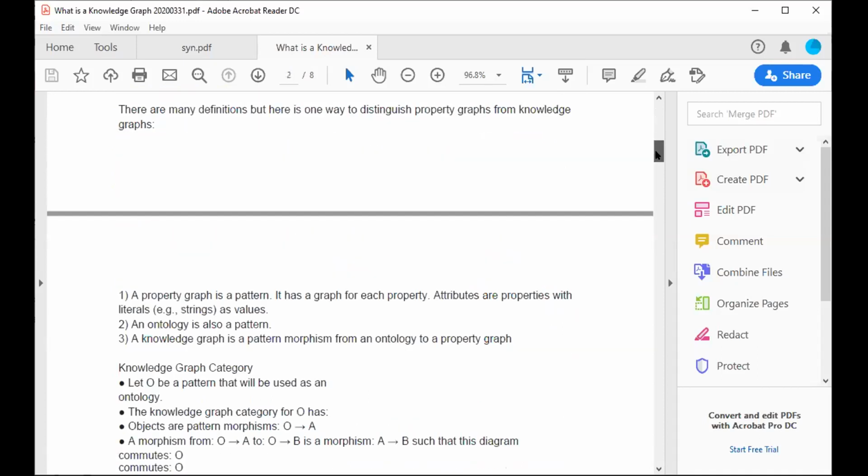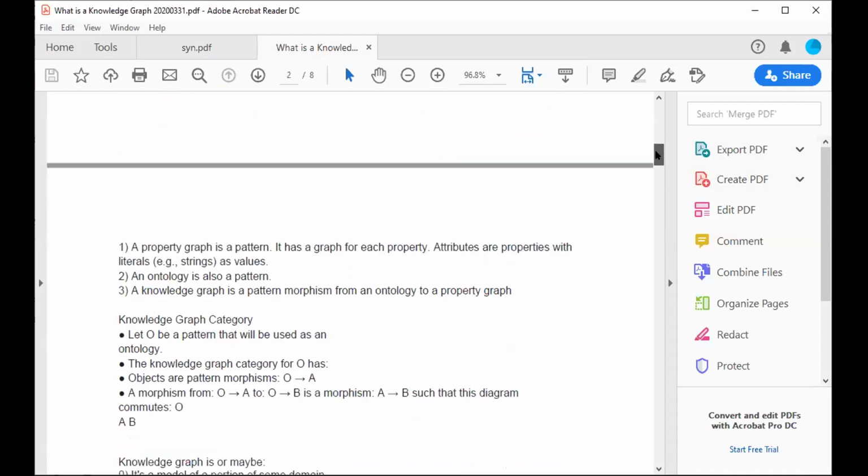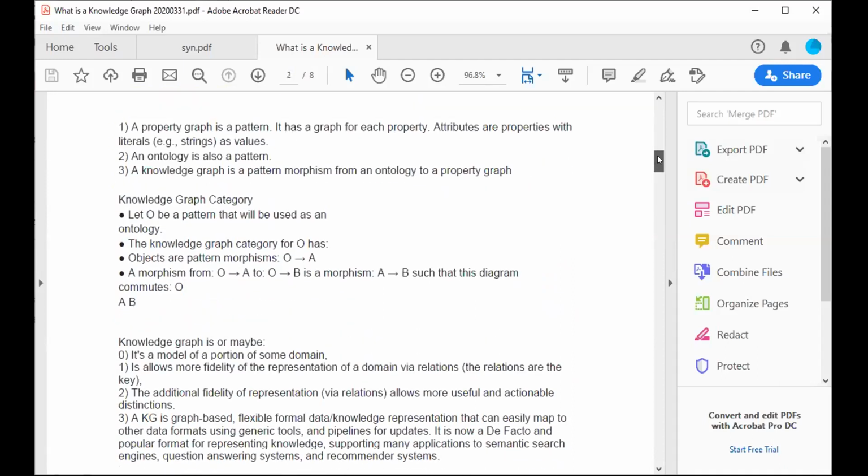So I'm displaying one of your views. I'm displaying your document, is that right, Robbie? A generalized graph, if it is acted upon by certain logical and query aspects that deal with relationships in a domain, can be converted into a knowledge graph or can be filtered into a knowledge graph.